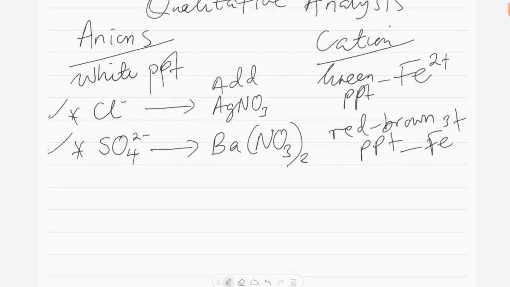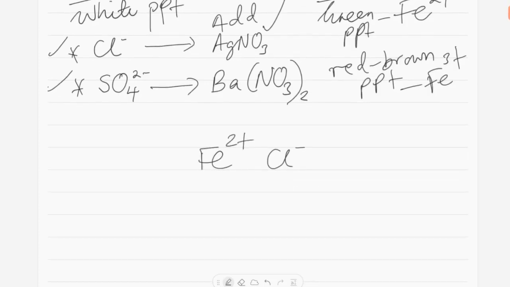So like we are able to see from the diagram, let me just take you back. We do observe that to the pale green solution, we added silver nitrate, meaning that there was a formation of white PPT, and the ion there is a chloride. So we have the first part of the solution, which is a chloride. We also observe that there was a pale green solution. So for a green PPT, we know that there should have been iron 2.